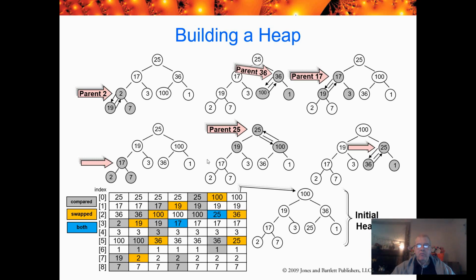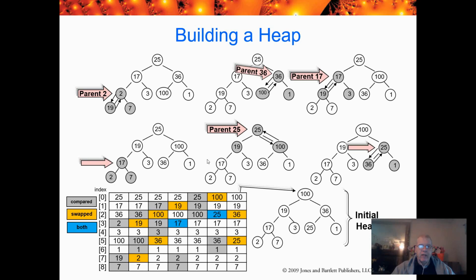Then we go to the next highest level rightmost parent, and that's 17. And we swap 17 with 19, and then we have to compare 17 with the rest of the subtree, because it might be that 17 is less than the 2 children, the 2 leaves.